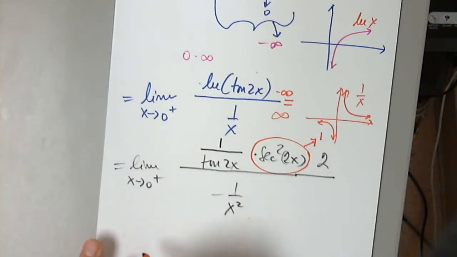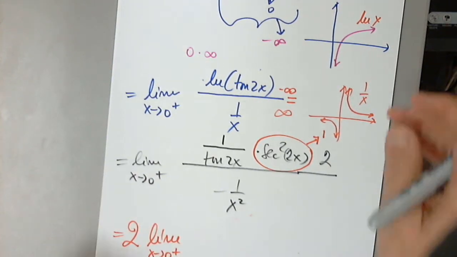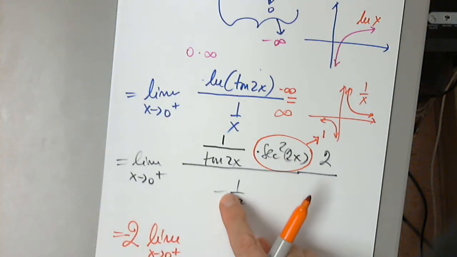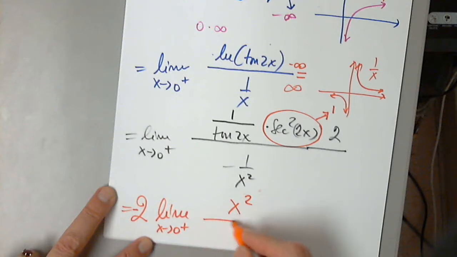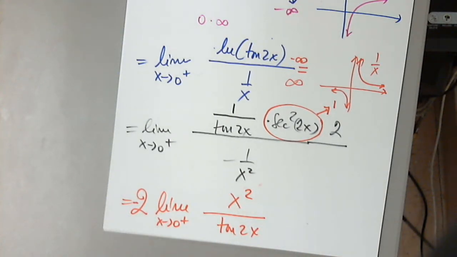And this is times 2. I want to put the 2 in front. 2 times the limit as x approaches 0 from the right. And if you want negative, because I want to take care of this too, and I flip the fractions and I get this. So I divide 1 over tangent of 2x over this, and I flip and I get x squared over tangent of x.